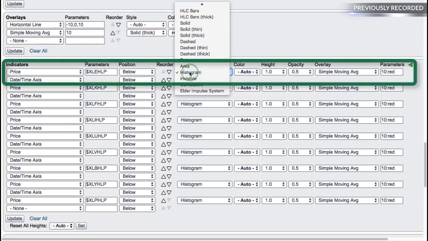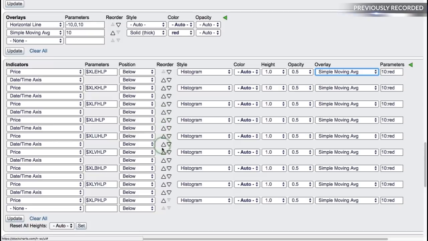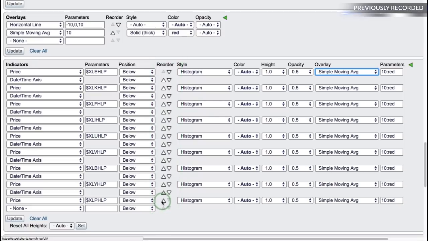I plotted it as a histogram, and in order to get it shaded out, I put the opacity at 0.5. Then I did an overlay of a simple moving average, 10, a colon, and red because I wanted them in red. And then to reorder them, I just used the reorder arrows here to put the highest ones at the top and the lowest ones at the bottom.